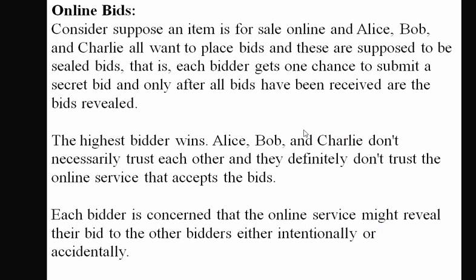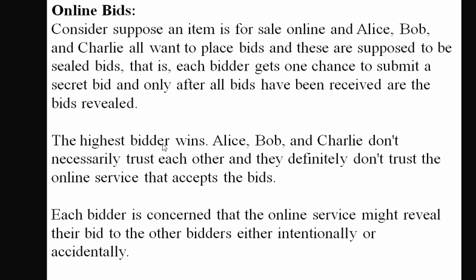The first application is online bids. What do we mean by an online bid? Consider an item for sale online, and three persons, Alice, Bob and Charlie, all want to place their bids, and these are supposed to be sealed bids. That is, each bidder gets one chance to submit a secret bid, and only after all bids have been received are the bids revealed.